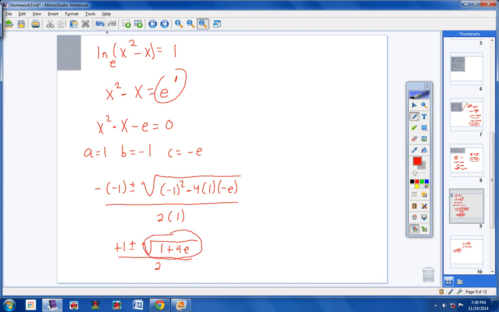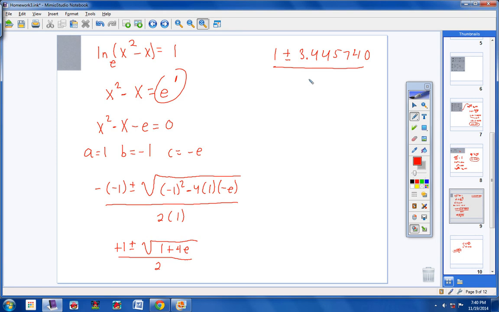So here's what I'm going to do. I'm going to take the square root of 1 plus 4e. And I'm getting 3.44. So 1 plus or minus 3.445740 over 2.